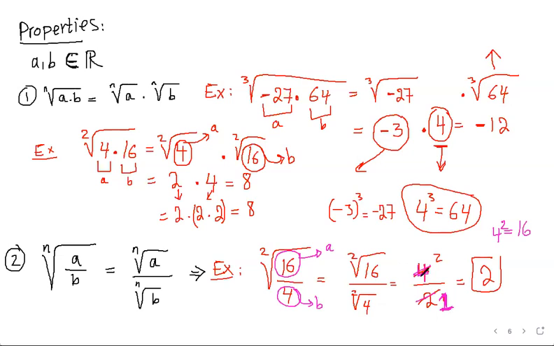So 4 over 2 is exactly like 2 times 2 over 2. I cancel the 2 with one of them, and they give me 2 over 1.